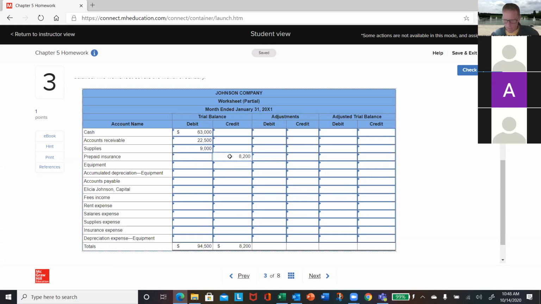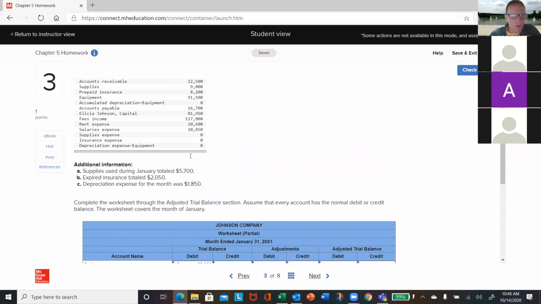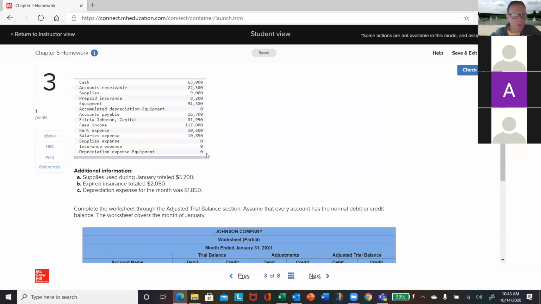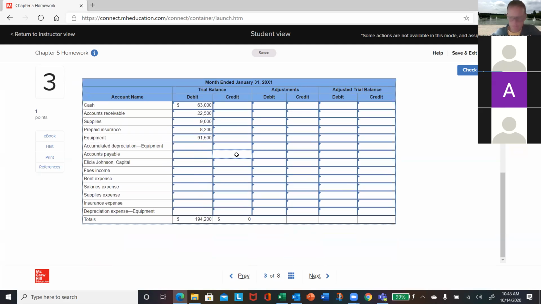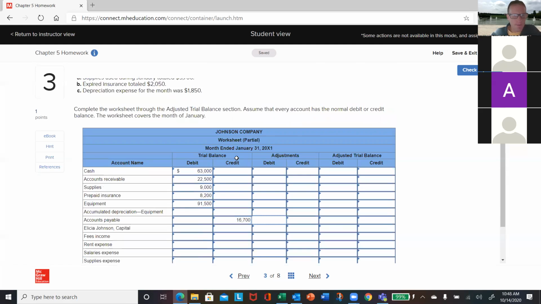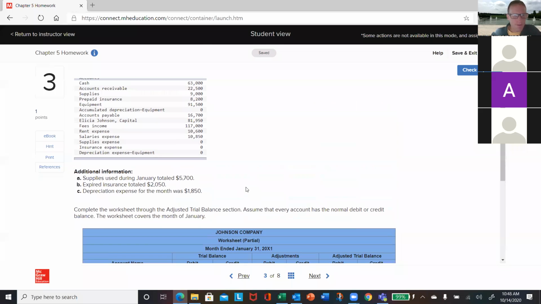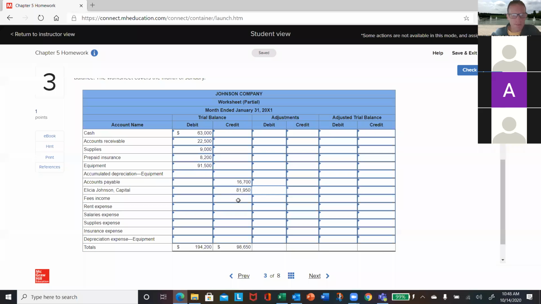Equipment is 91,500, debit. There's nothing in accumulated depreciation. Then we've got accounts payable, which is 16,700. Notice this one is on the credit side. Capital is 81,950, credit. Fees income is 117,000, credit.